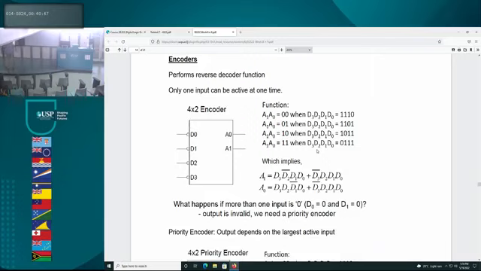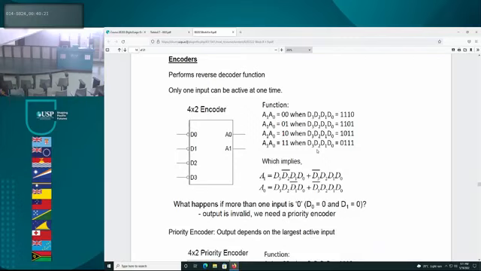So for decoders, you supply a particular bit pattern, and you make one particular output high or low. From these 4 over here, you make one of them high or one of them low. Because there's a bubble over here, remember, whenever you see a bubble, what does the bubble stand for?